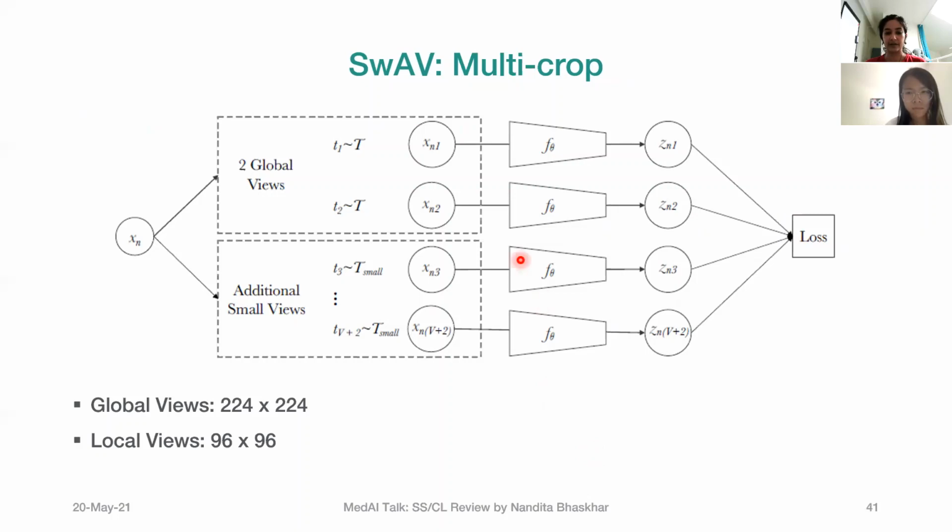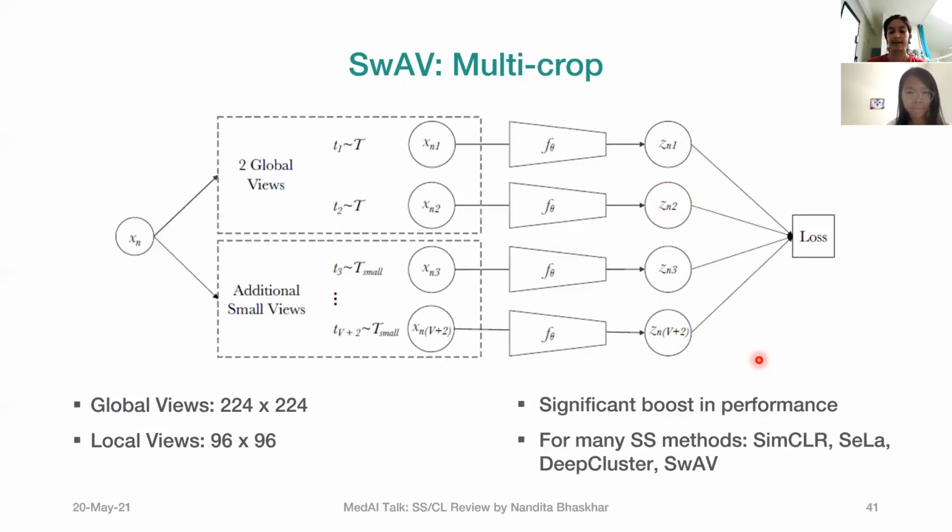Instead of having just two augmentations, you can imagine you have M such parallel networks, and then you compute the loss across all of them. So that's essentially multi-crop. They found that it adds a significant boost in performance, not just for SwAV, but they tried it across many other self-supervision methods, and it boosts performance across all of them as well.